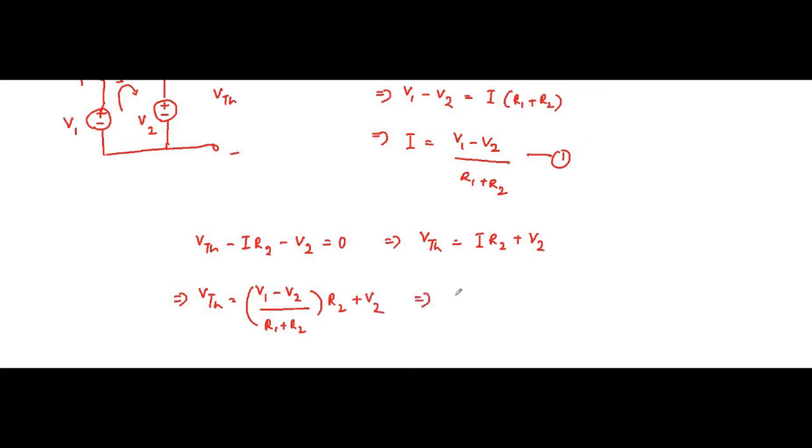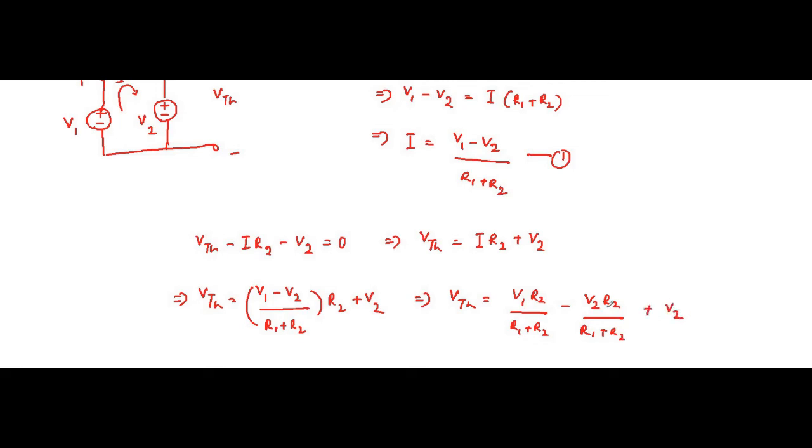Opening the bracket, VTH is equal to V1 R2 by R1 plus R2 minus V2 R2 by R1 plus R2 plus V2.